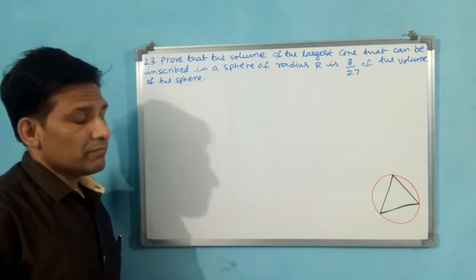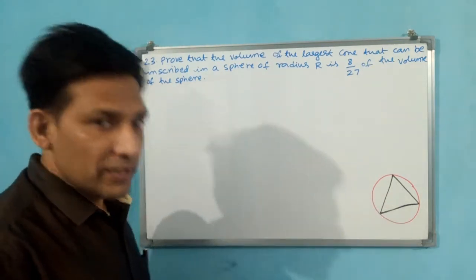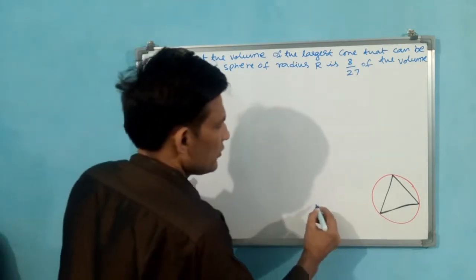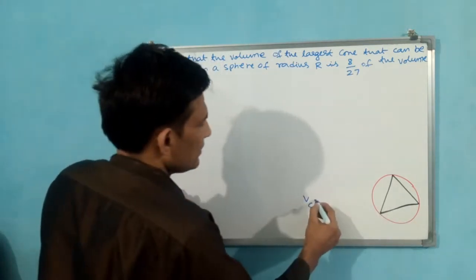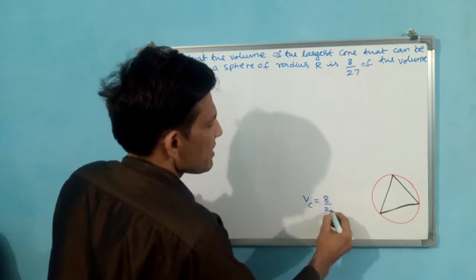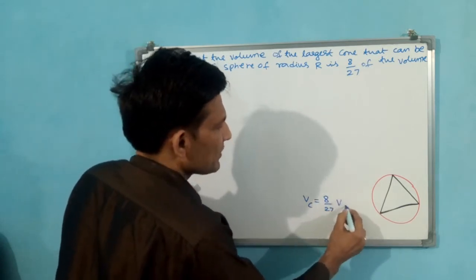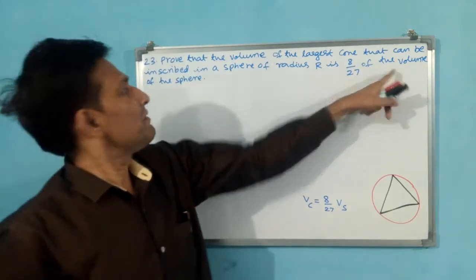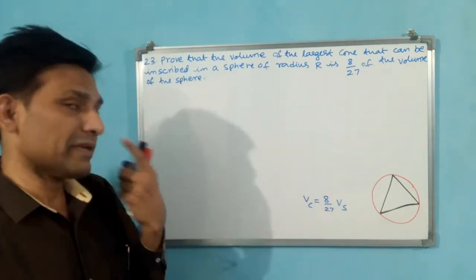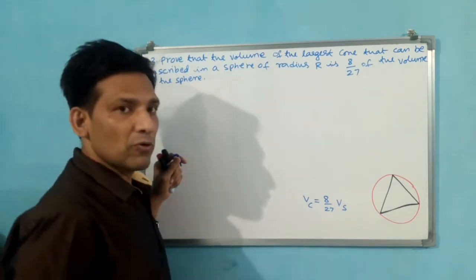Volume of this cone, shall I take it like this, V of cone, is equivalent to 8 by 27 times the volume of the sphere. The volume of the sphere and the volume of the cone are both different.